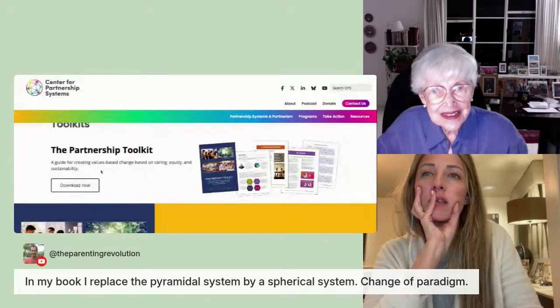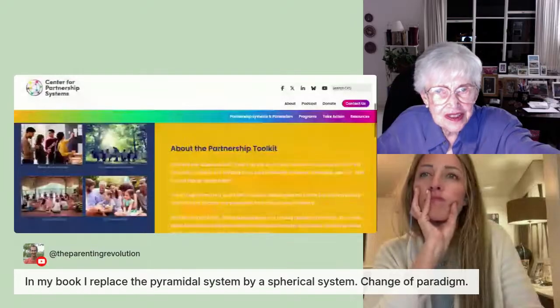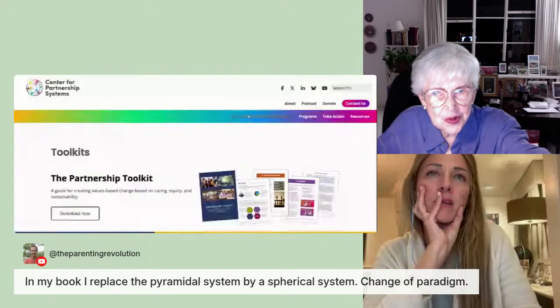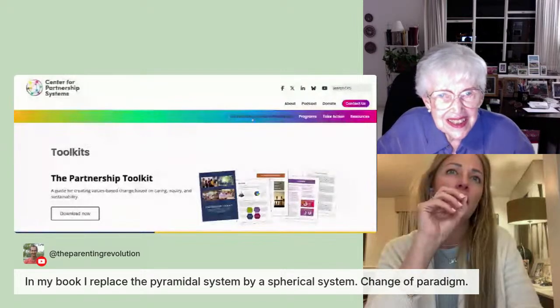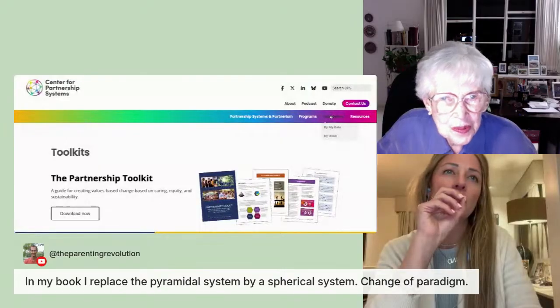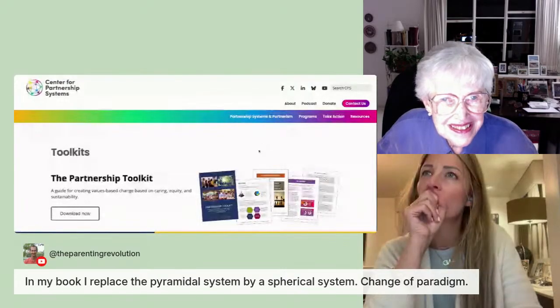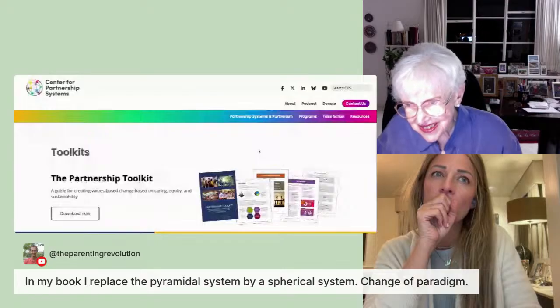But what I'm talking about is at the very top of the page, after About, there are three categories: podcasts, donate, partnership systems and partnerism, programs, take action. No, no. What is the thing? I'll have to look for it. Just a second.